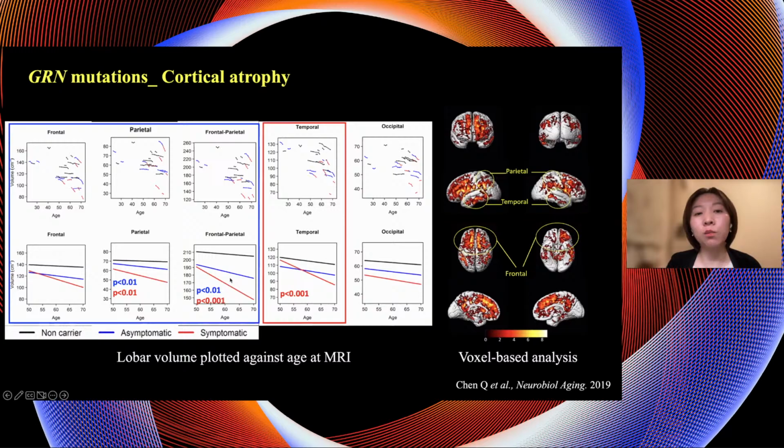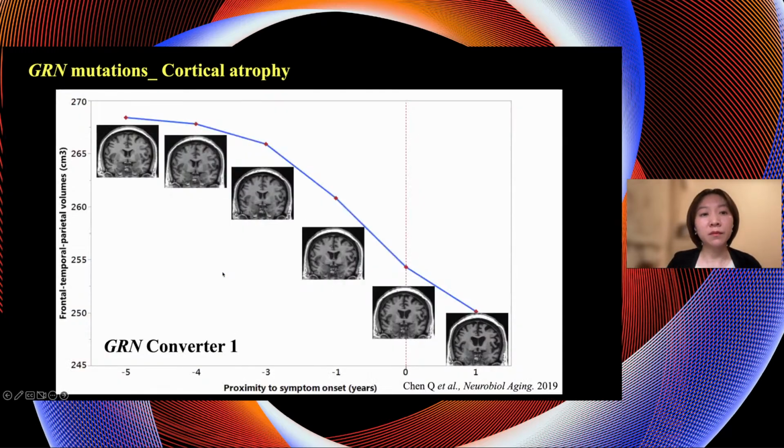We have seen that this is a more robust change in the asymptomatic stage. In this case, we use the frontal, temporal, and parietal volumes as the y-axis, and on the x-axis, 0 indicates the symptom onset. Looking at 5 years before the symptom onset, we can visually detect a decline of the brain volume there.